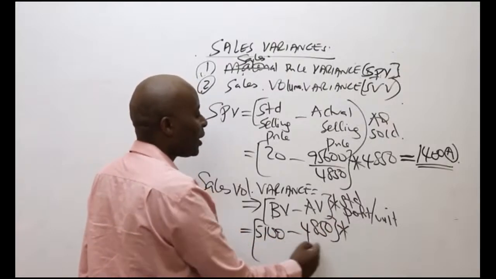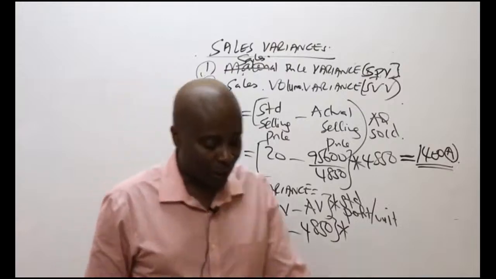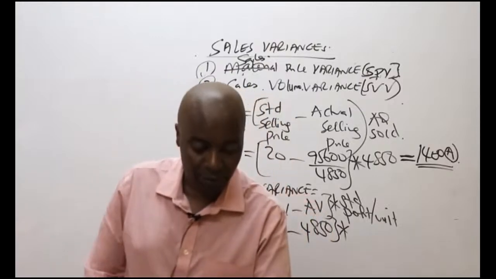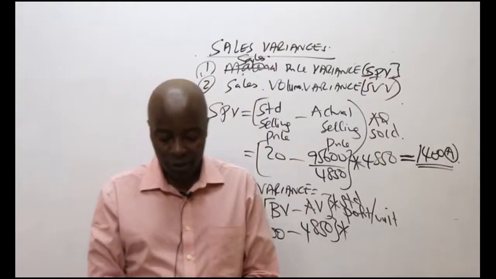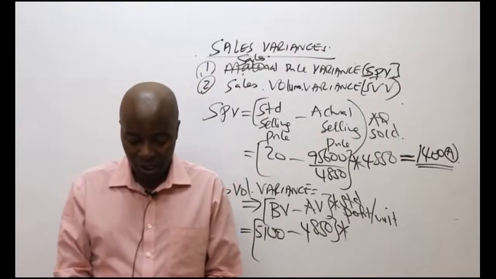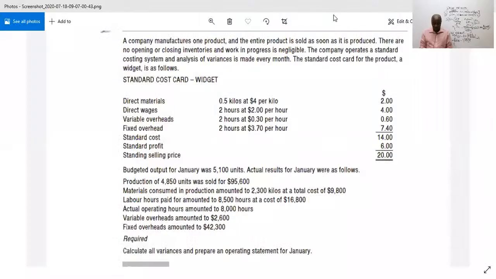From the standard card, is there somebody who is able to see the standard profit per unit? Someone talk to me. By talking to me, you could very easily get a present.